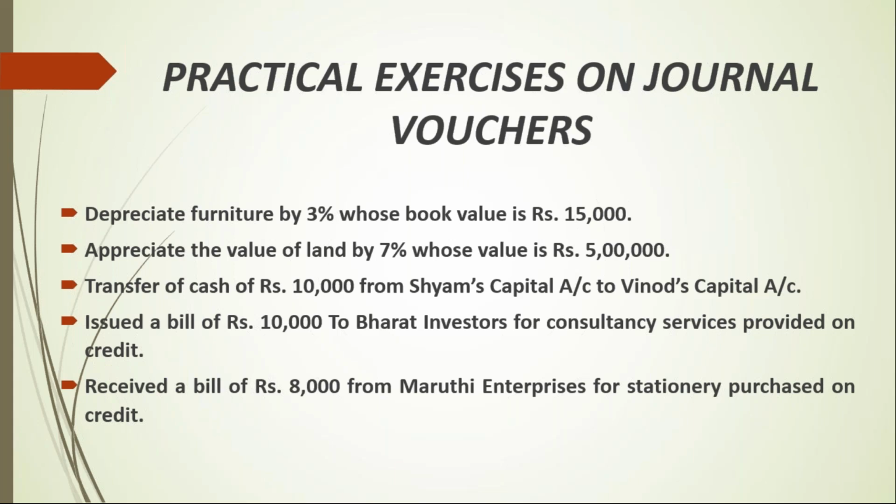In the previous entry, the company issued a bill for consultancy services provided, so consultancy services becomes my income. In this entry, the company has received a bill for stationery purchased on credit, so stationery becomes my expense, a company expenditure.